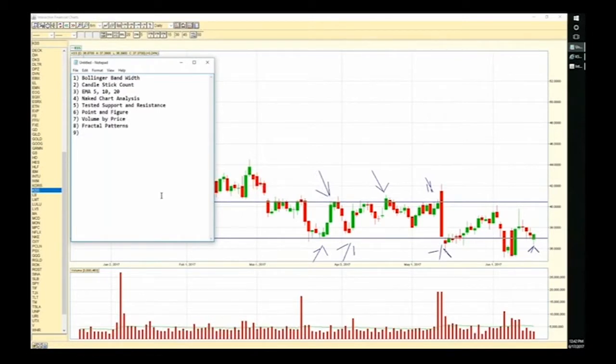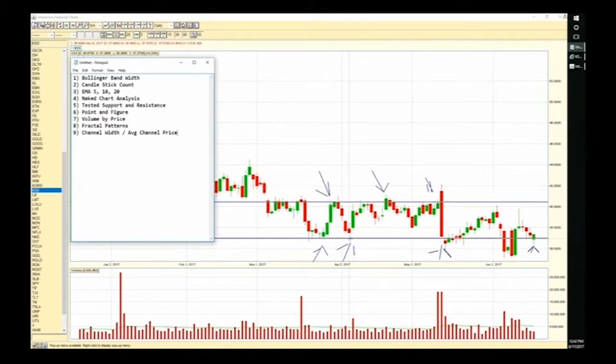Let me write that down for you: channel width divided by average channel price. Write that down. And then let's do it for real on this particular candidate.